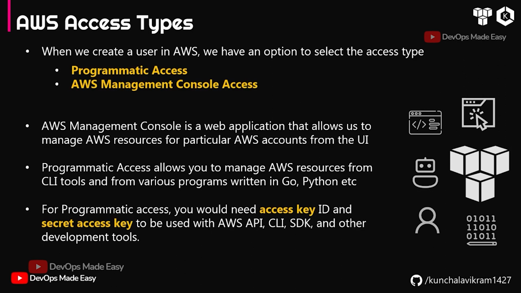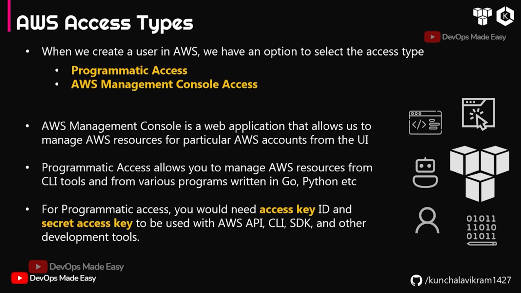Now since we understood the types of users, let's understand AWS access types. Whenever you create a user in AWS, you have an option to select the access type, meaning how the user will access your AWS. Whether it is through the AWS Management Console, that is through the graphical user interface, or through programmatic access.